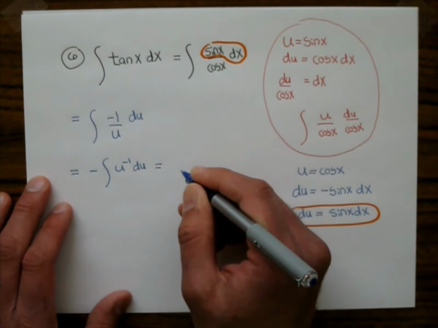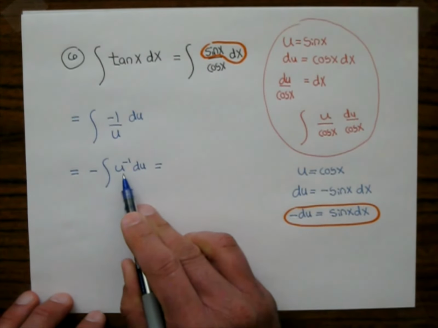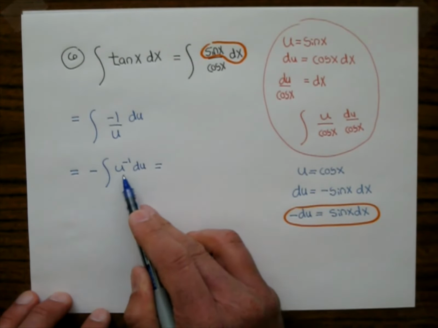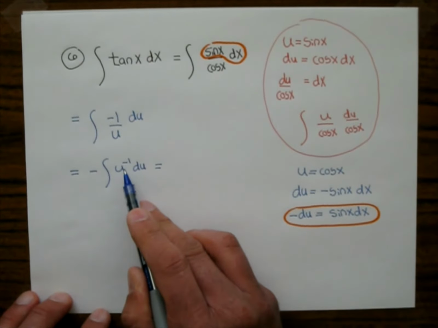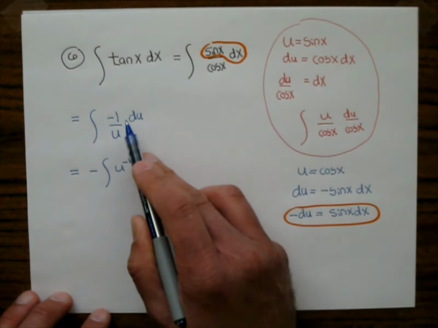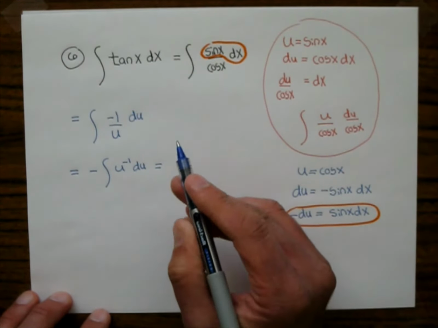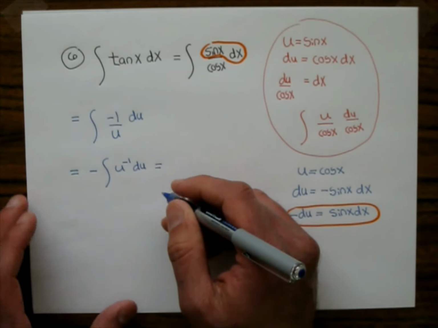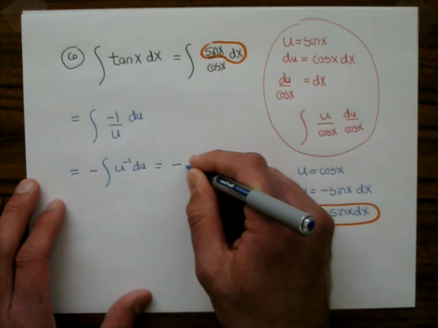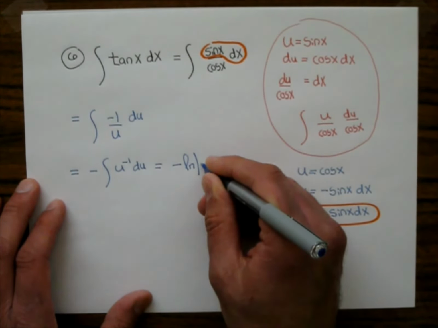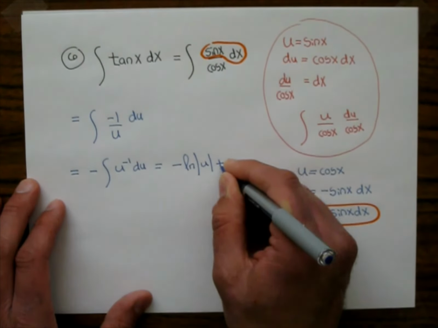Oh, look, if I go to do the power rule, I replace that with a 0 and put a 0 on the bottom. So now I know that maybe I can't do that, and I have to remember the antiderivative of 1 over x, which is the ln absolute value of x. So this is going to become minus ln the absolute value of u plus c.